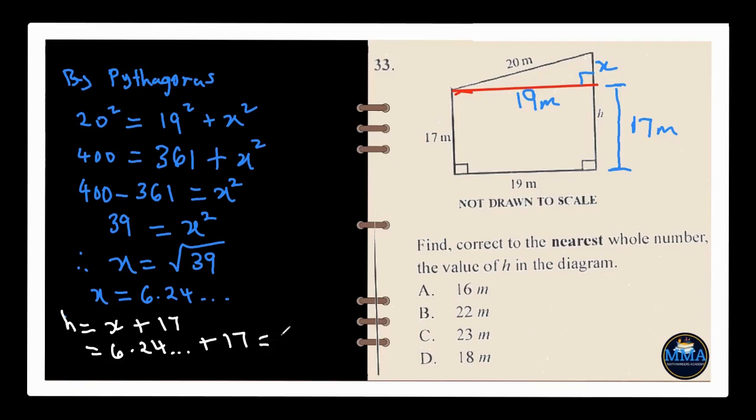And that is going to give us 23.24 dot dot dot. So if we write that to the nearest whole number, this is approximately equal to 23 meters. So that's the value of h. So we check here, 23 meters is option C.